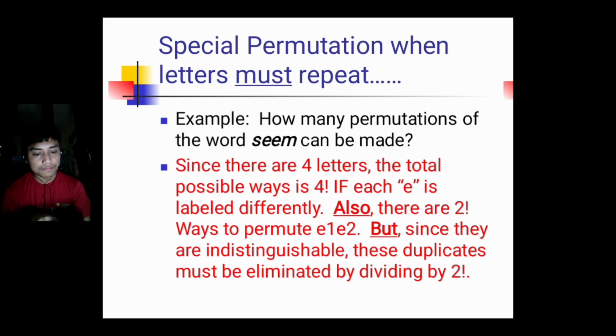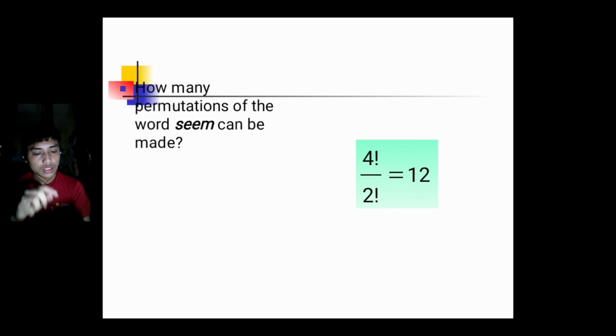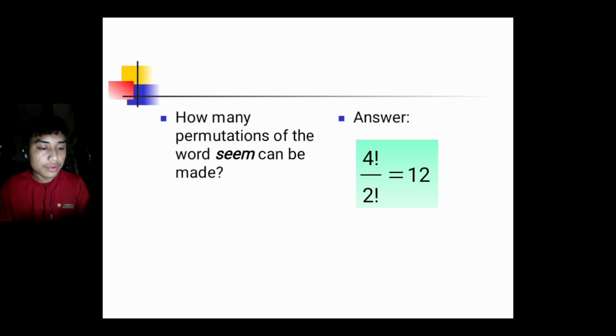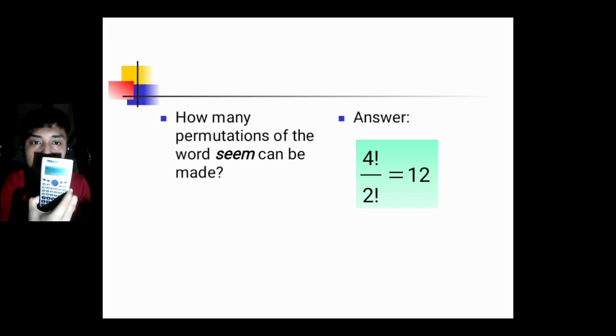So, now, how many permutations of the word SEEM can be made? We have 4! divided by 2!, kasi dalawa yung E natin eh. So, now, the answer is 12. Tama rin sa aking calculator. We have 12.